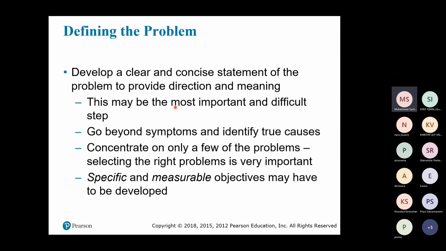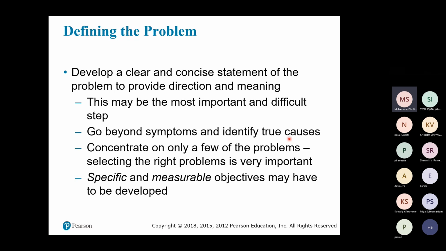And then the second one, go beyond symptoms and identify true causes. Again, similar to my example, your stomach ache is just the symptom. You have to understand the reason why you have your stomach ache. Maybe gastric, maybe food poisoning, maybe whatever it is.